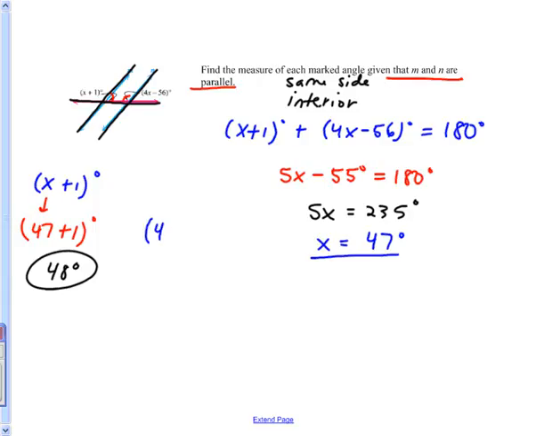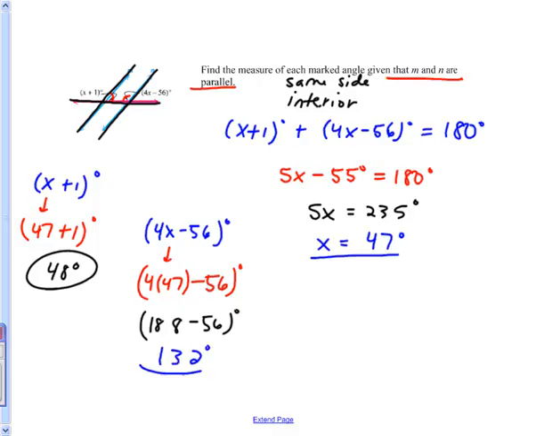So if I take 4x - 56 degrees and substitute the 47 in for x, I get 188 minus 56, and I will see that this becomes 132 degrees.